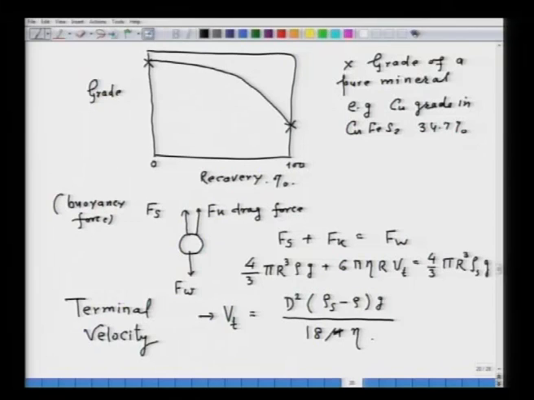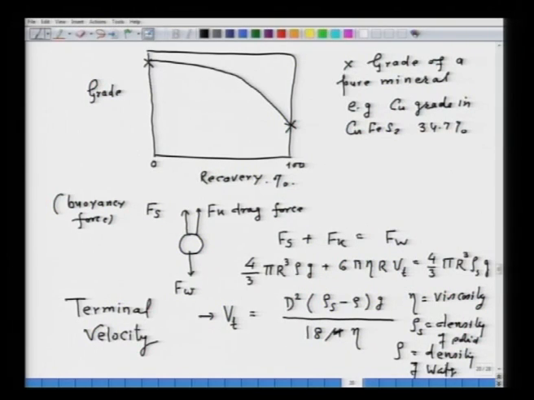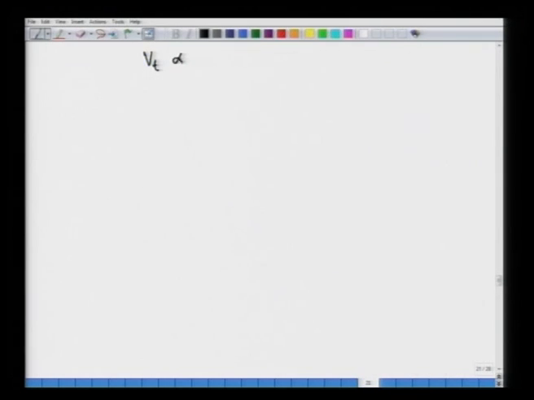But what I wanted to say here, for the gravity concentration operation, let me put it this way: nu is the viscosity, rho s is the density of solid, and rho is the density of water.